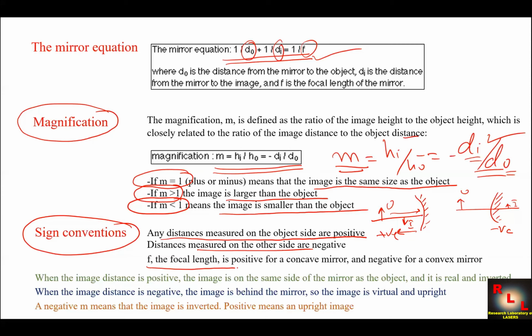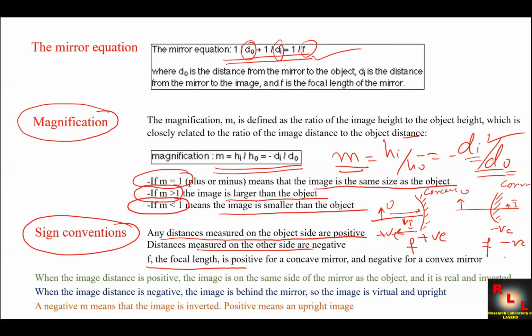F, which is the focal length, is positive for the concave and negative for the convex mirror.